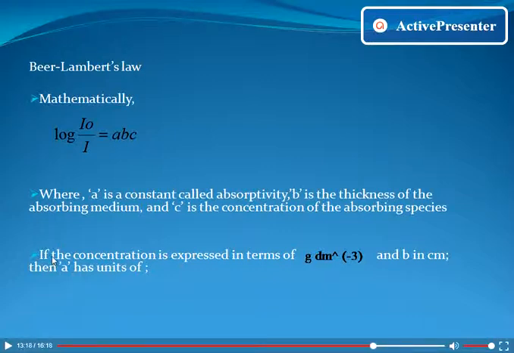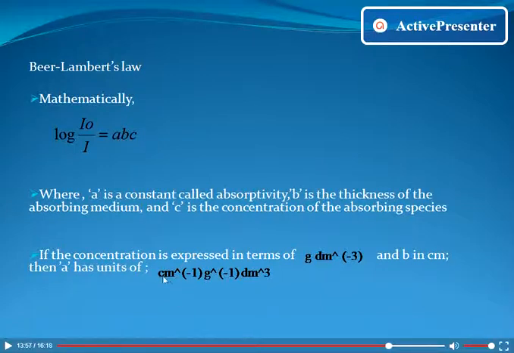Now if we take the concentration as grams per decimeter cubed, and B in centimeters, the unit of A will have this kind of units. As you remember, concentration is mass over volume.